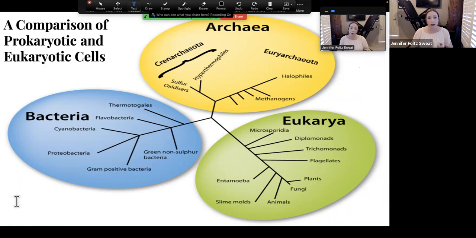All living organisms fit into one of these domains. We have bacteria, archaea, and eukarya. All living organisms belong to one of these domains. Now, bacteria and archaea are what we call prokaryotic cells. I also will just refer to them as prokaryotes.